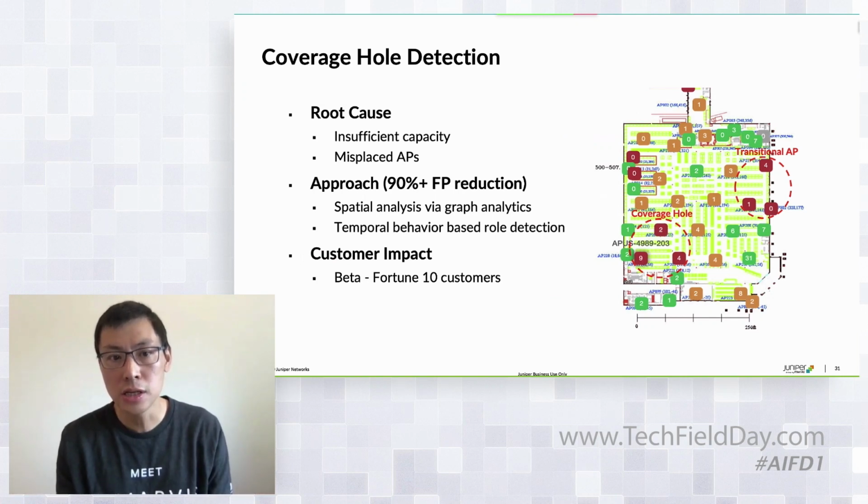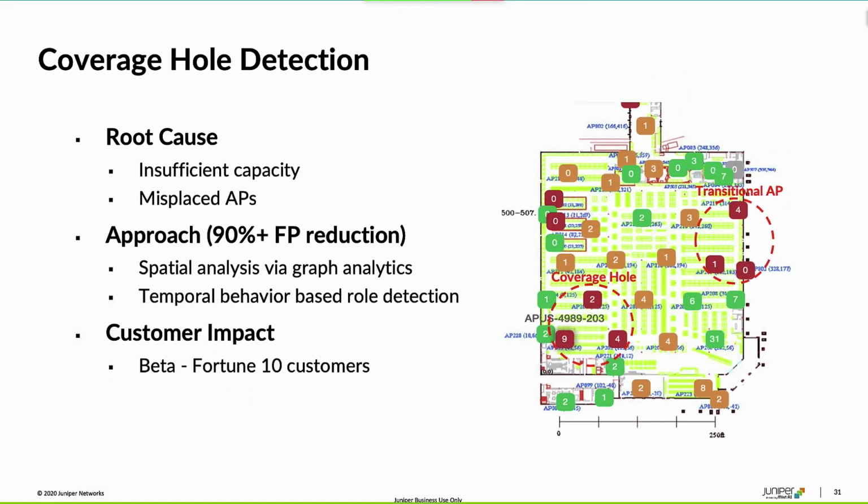So in this case, we use some graph analytics. We build a very large graph using the scan data across all of these APs for each site. Then we look at betweenness, centrality, and all different graph metrics to identify the role of each AP. Is this a transitional AP, or a busy serving AP?